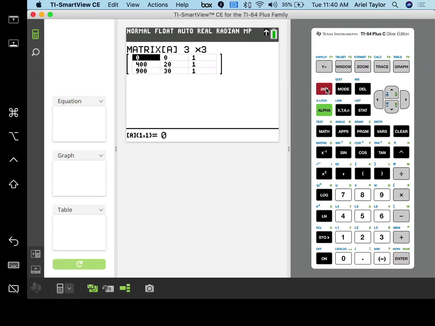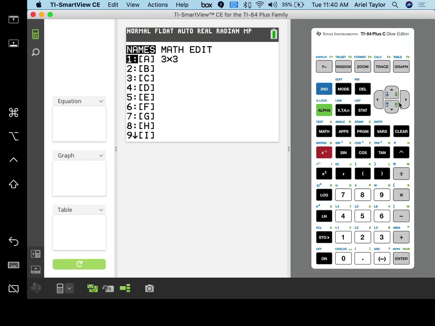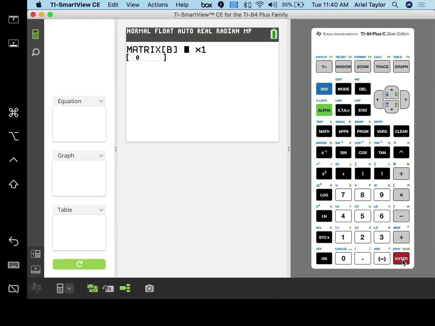And then we're going to go back to the matrix. Always second quit in the middle just because we want to be making sure we're doing it right. We're going to edit the second one as well. Put in our B matrix, which in our case was a 3x1 matrix. And it was 0, 47, and 88.